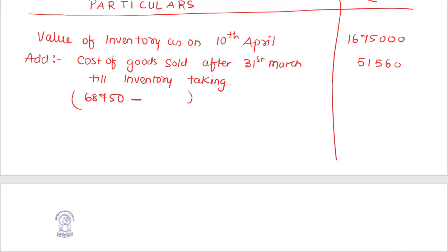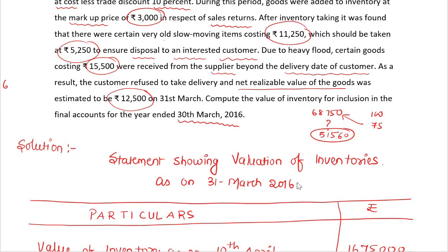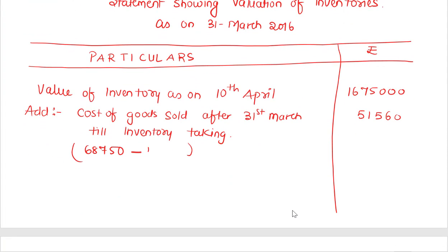This is 75%, and over here we need to deduct 25%. So we can calculate in this manner also. 68,750 is 100%. What would be the 25%? 25 multiplied by 68,750 divided by 100. So this would be 17,190.